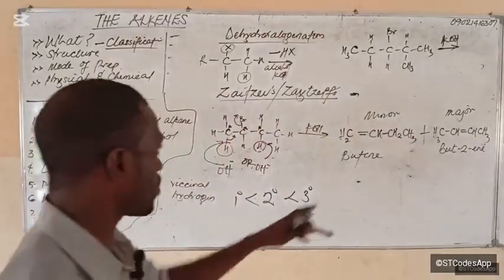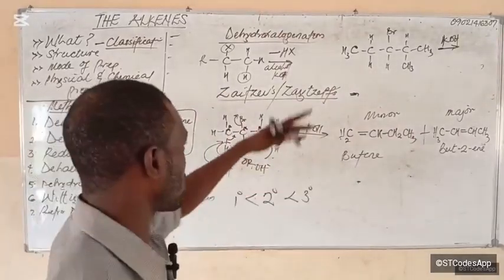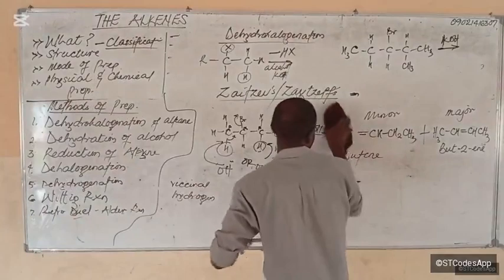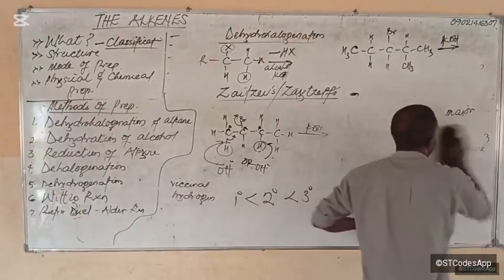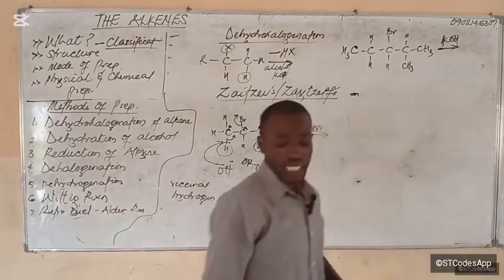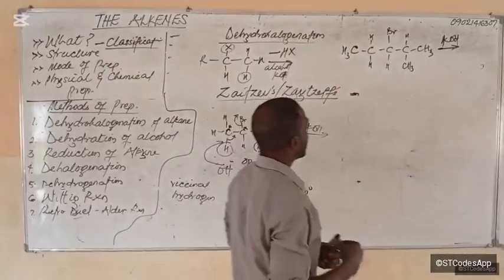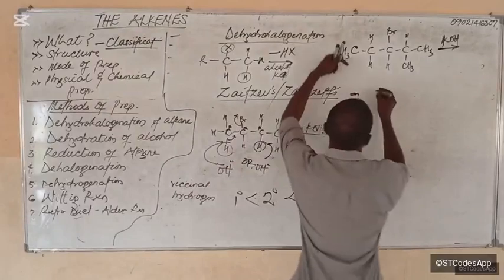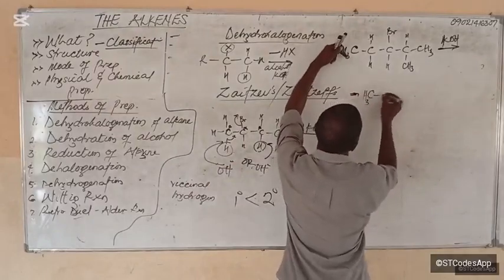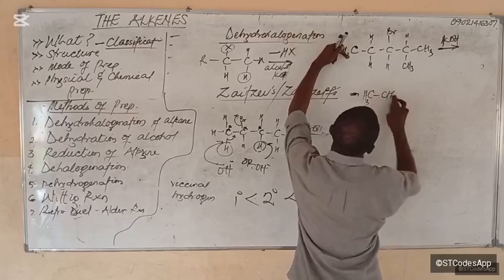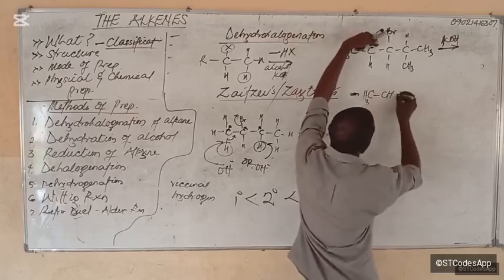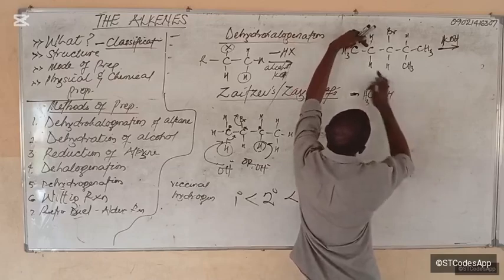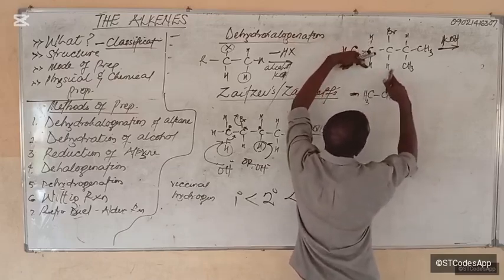So I'm going to clean this one out so I can understand the product I want to write there. Now, what are the two products? The first product is CH3, CH, because this one will be taken and this one will be taken.